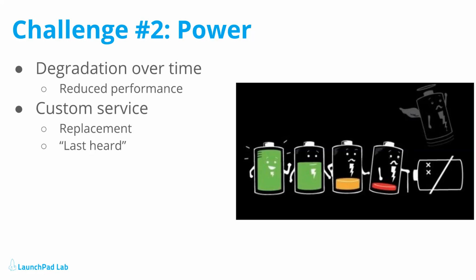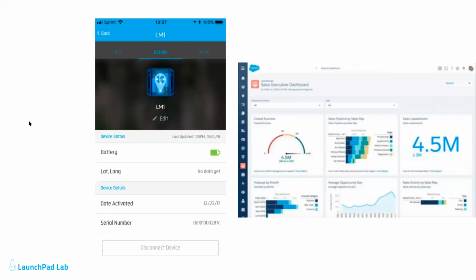But if our device can measure the battery level and then report out on it, that can provide a very powerful way for a customer service touch point. So in our application, we currently have this concept of battery level, which going into this project I would have never thought would have been as important as it is. But you can see that we're monitoring the battery status. And when the device is working, most people don't really care what the battery level is.